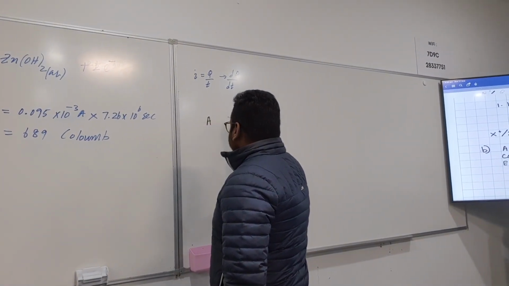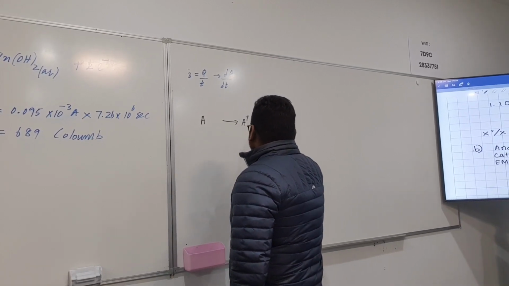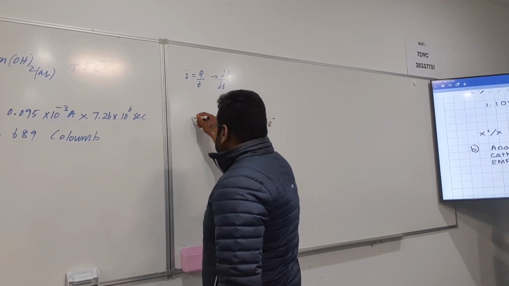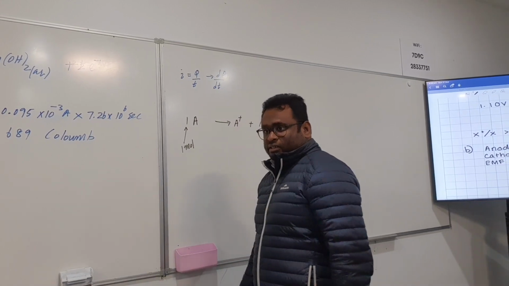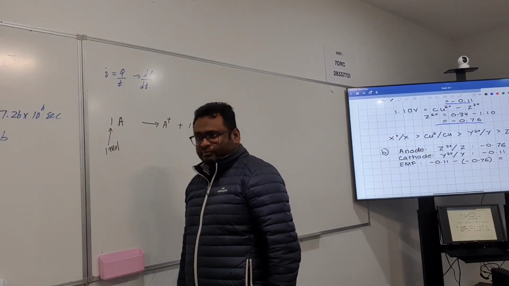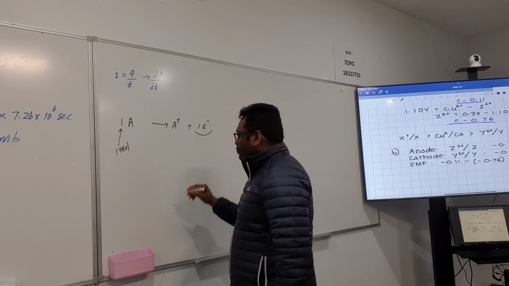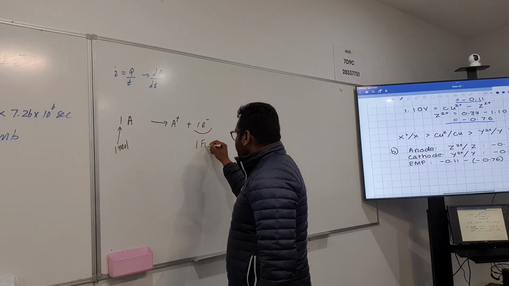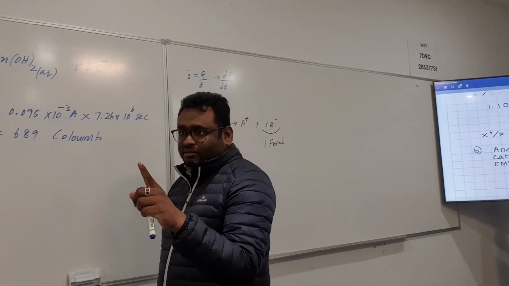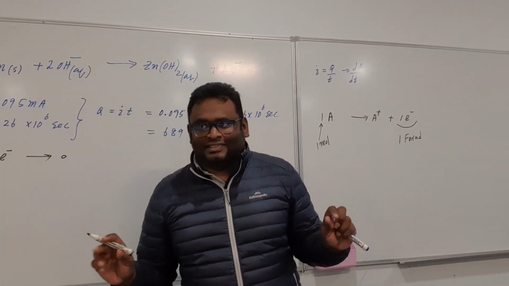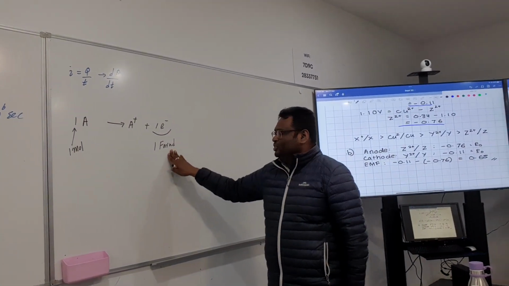If you have A here, it gives you A plus with 1 electron, and you are using 1 mole here. If you use 1 mole, how many charges are ejected here? 1 farad is ejected. 1 mole helps to eject 1 farad.